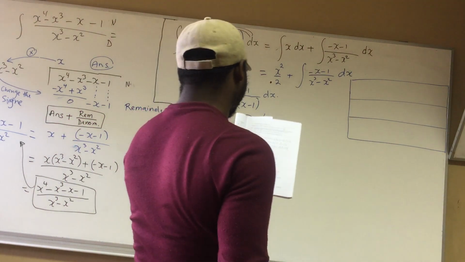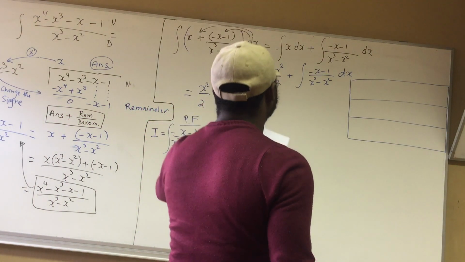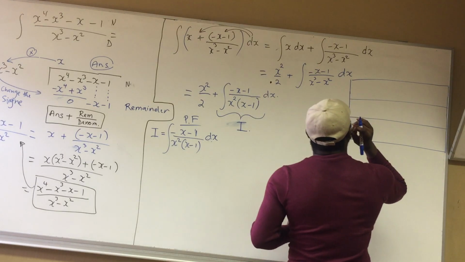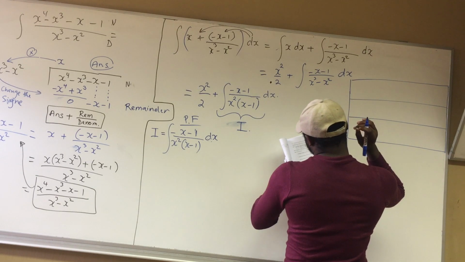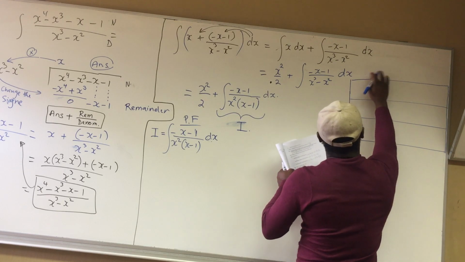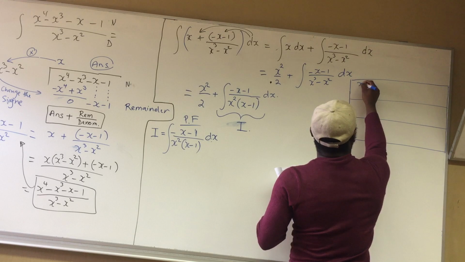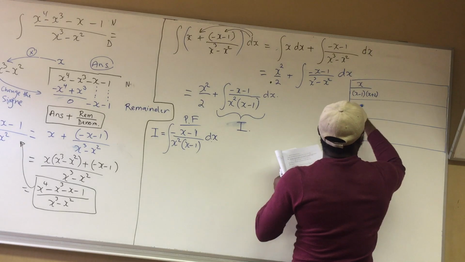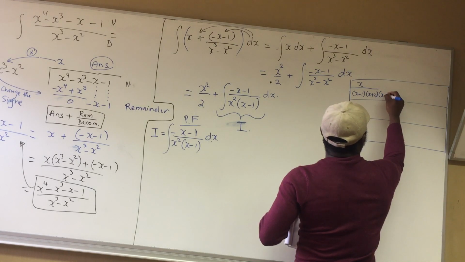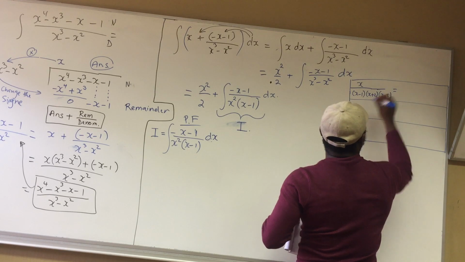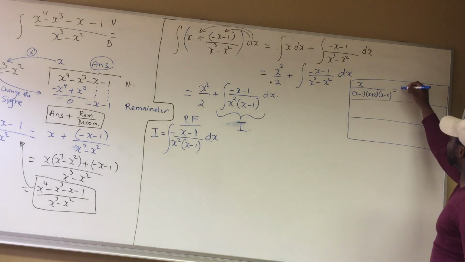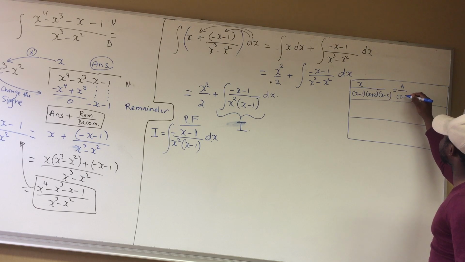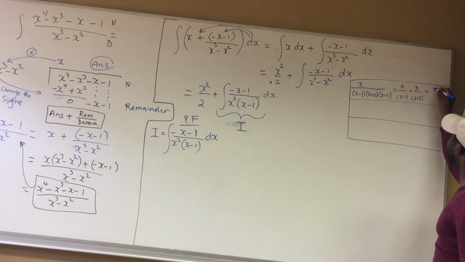When you have, in your book at page 33, a linear function, and when you have this kind of function, let's say x divided by x minus 1, x plus 2, and x minus 5, for instance, you separate them as A divided by x minus 1 plus B over x plus 2 plus C over x minus 5.